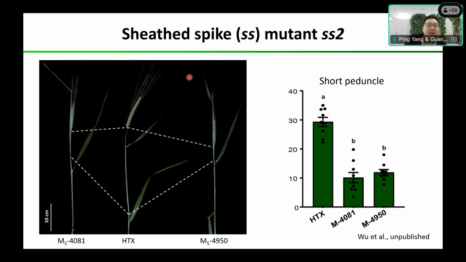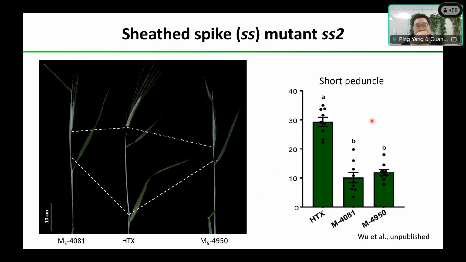However, in this mutant population, the phenotype in most cases should be caused by a single mutation event. Once we identified these mutants, we found two independent allelic mutants. We also used the MutMap approach. You can see here the mutants: there is no difference at the other internodes, but the length of the peduncle is dramatically reduced compared to wild type.